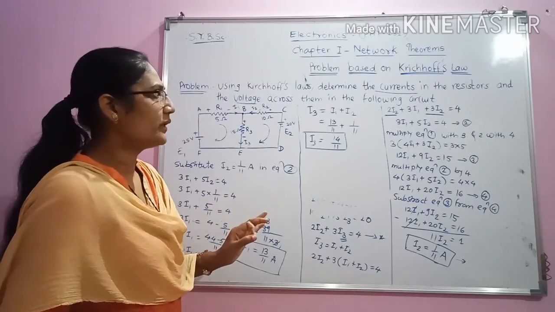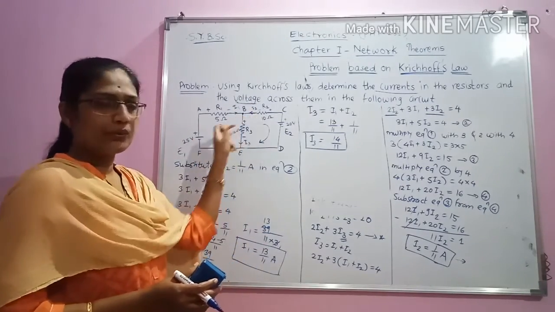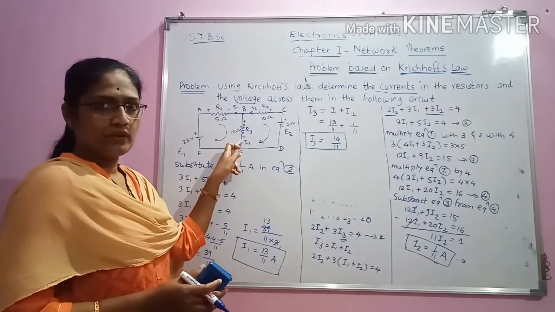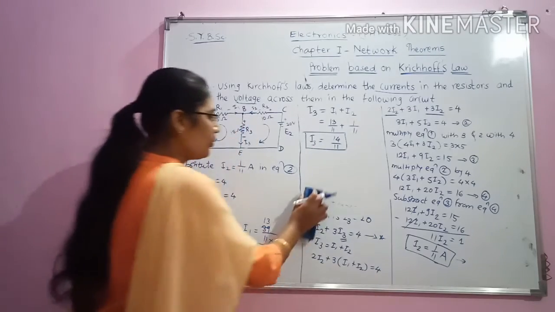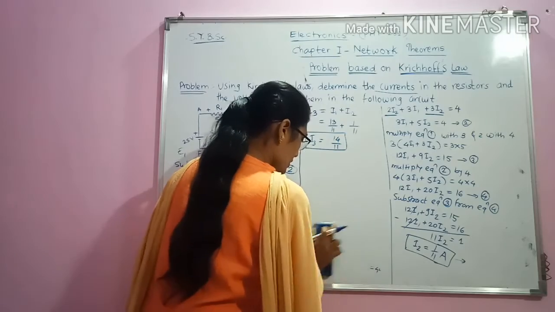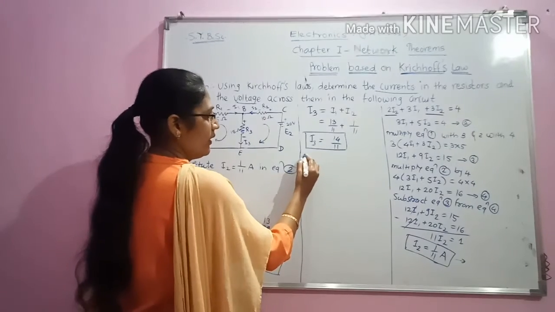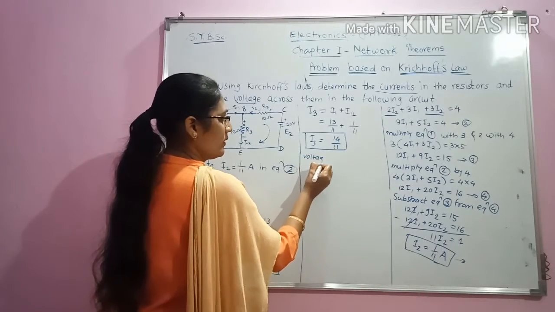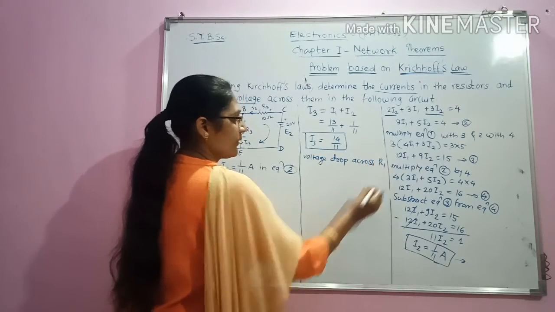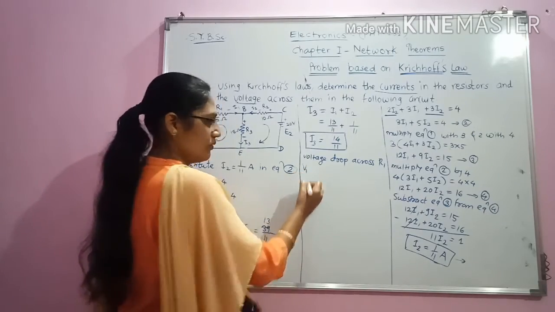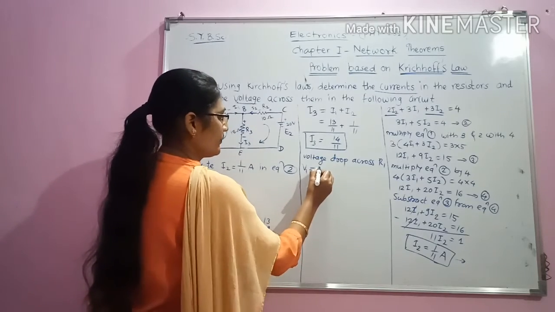Now we are left with determining the voltage drop across R1, R2 and R3. Now we will try to find out the voltage drop across R1, R2 and R3. How to get it? So its formula is voltage drop across R1 is given by V1, for example, and its value is I1 R1.